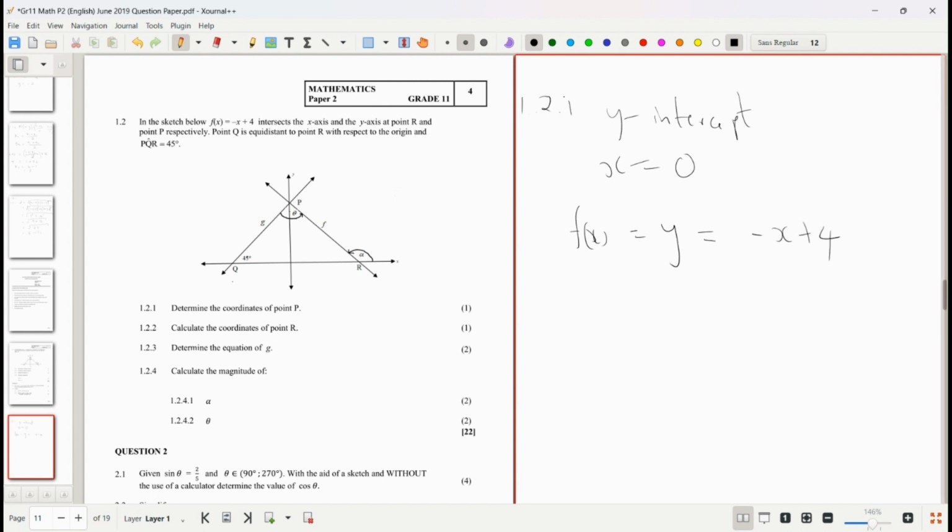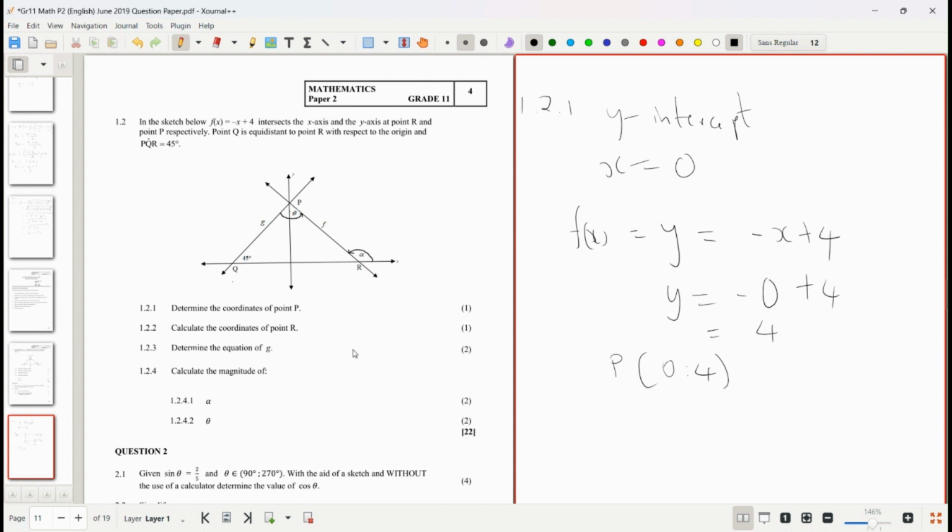At the y-intercept x equals 0, so where there is x, we put 0. So y equals negative 0 plus 4, which is 4. So the coordinates of point P will be (0; 4).